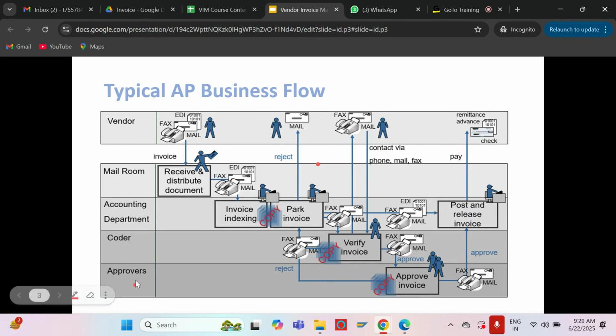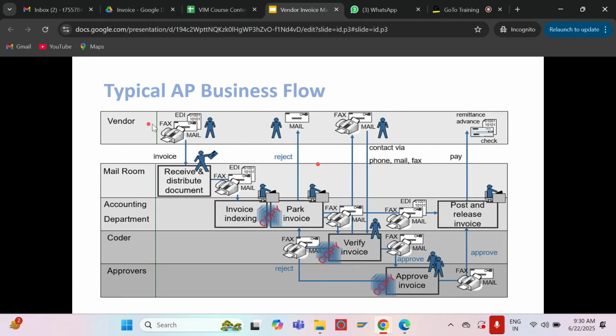where we have different sections which take care of different roles and responsibilities. The process here basically starts with the creation of the invoices, right? The vendor will be the one creating the invoices. Once they have the invoice created, they need to get the payment.